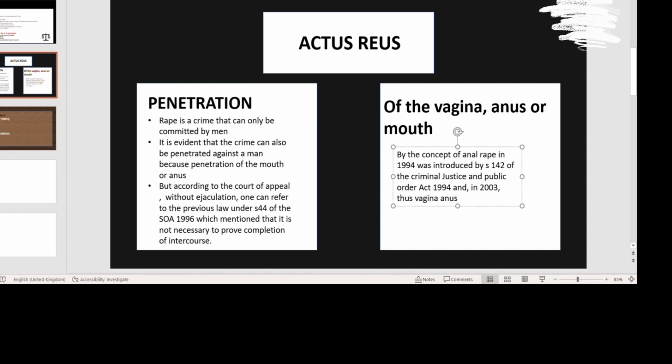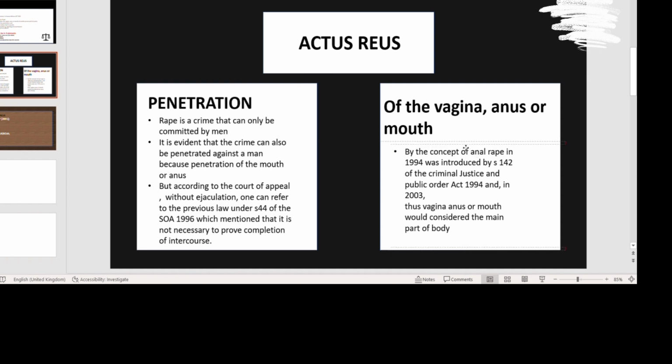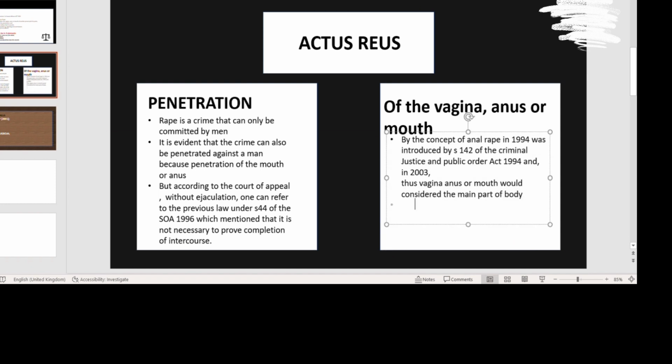The vagina, anus or mouth would be considered the main parts of the body. If you penetrate someone through the mouth, vagina or anus, this will be considered rape, because according to the law, vagina was construed in the sense of female genitalia.